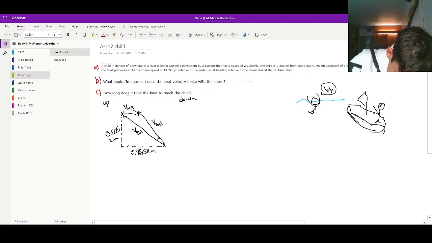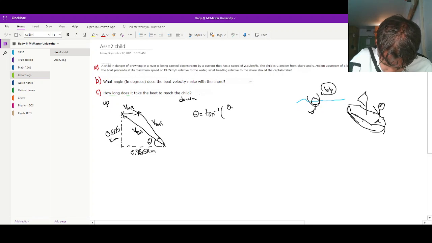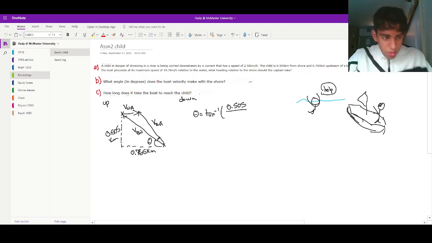So here we'll call this angle theta for now. We can find our theta with the values they gave. So our theta equals opposite over adjacent, right? 0.505 divided by 0.765, which equals, and let's put this into the calculator, 0.505 over 0.765, and we end up with 33.4 degrees.